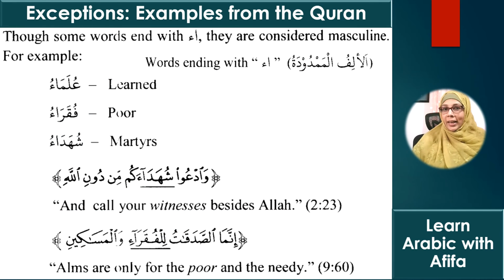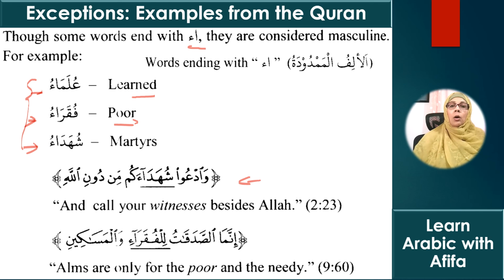So there you go again. Here are the exceptions. Even though they end with the alif mamduda, these words are masculine. For example, ulama'u, which means learned, fuqara'u, which means poor, shuhada'u, which is martyrs. For example, Allah says, وَادْعُوا شُهَدَاءَكُم مِّن دُونِ اللَّهِ, and call your witnesses besides Allah.